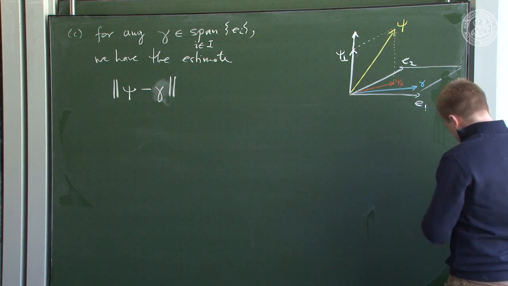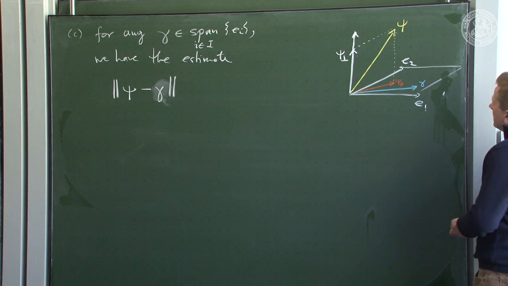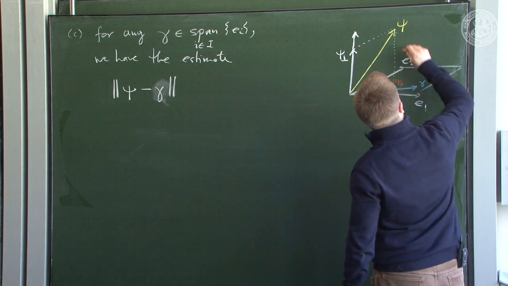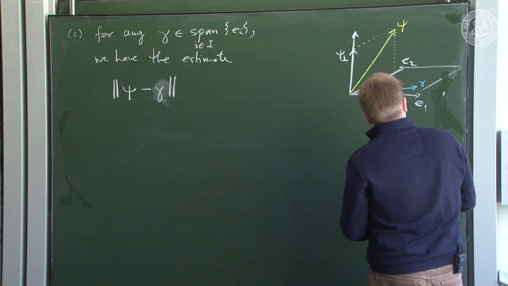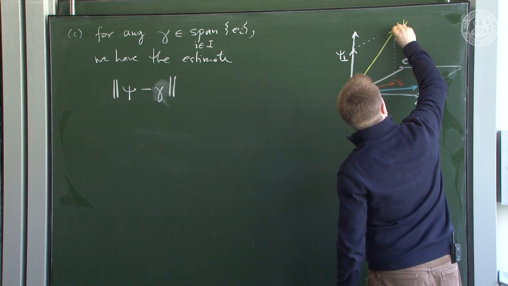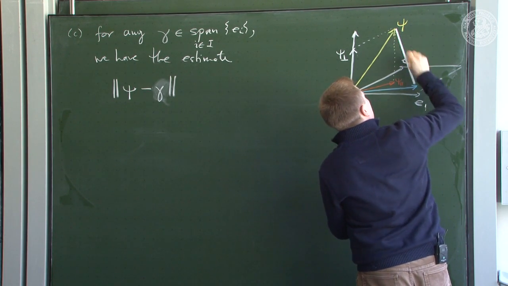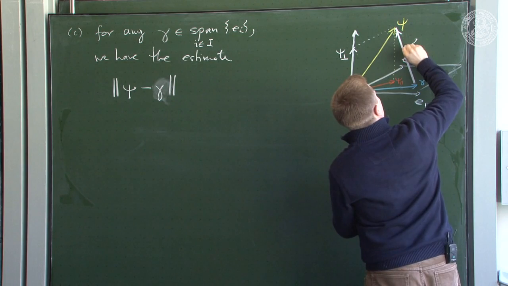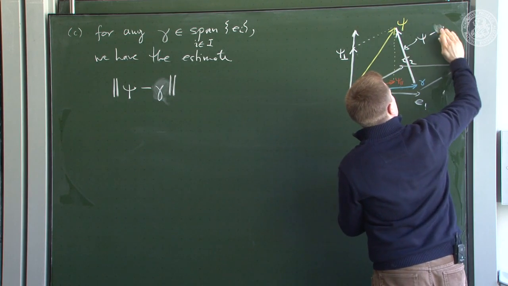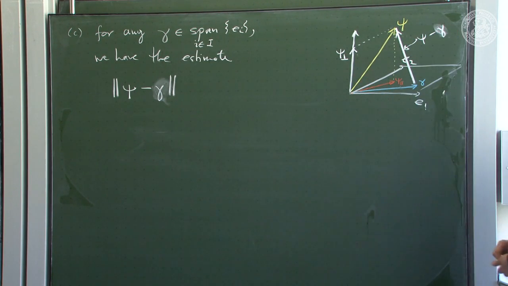Let's take red again. Now let's take white. So that's this one here, psi minus gamma is this vector here, right?